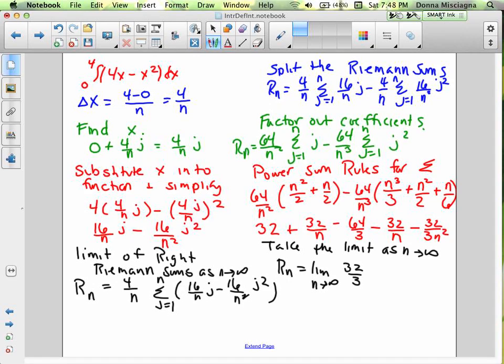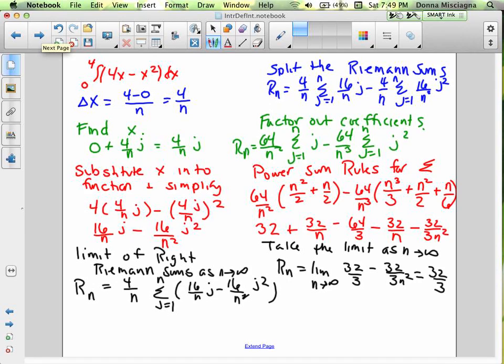And then the 32 over n terms will cancel each other out. And then we also have minus 32 over 3n squared. And when we take the limit as n goes to infinity, we have 32 thirds minus 0, which is 32 thirds. And there we go.